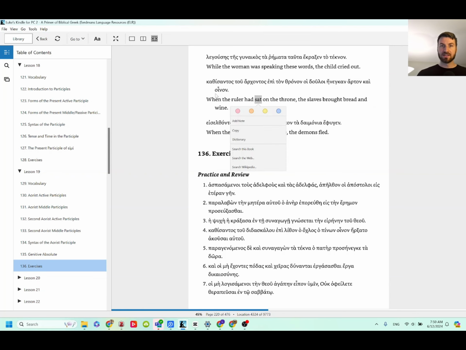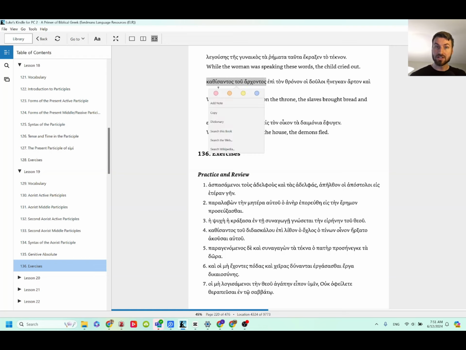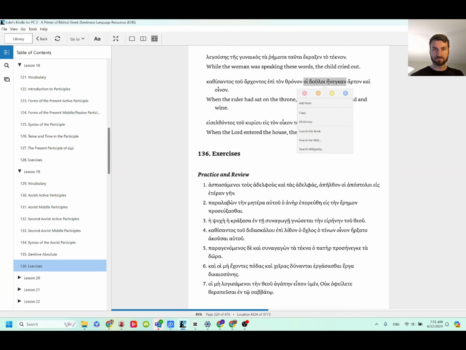We see that again here: "when the ruler had sat on the throne." The ruler is the one doing the action of sitting, which is different from the main verb, the slaves brought, hoi douloi enegkan. That's the main verb, but who's doing the participle is different. So we put the participle in the genitive, and we put the subject of that participle in the genitive. The ruler sitting, and that's different from the main verb. And that's the genitive absolute.